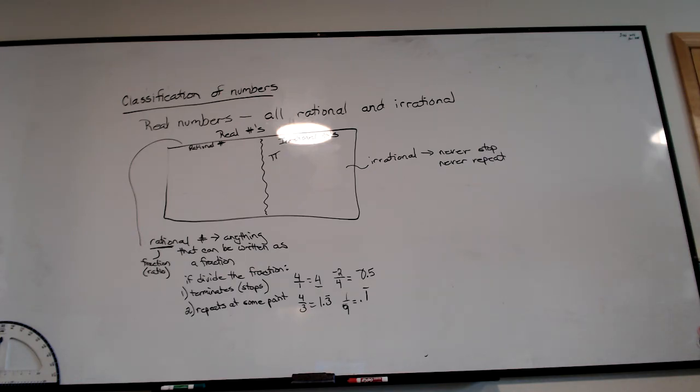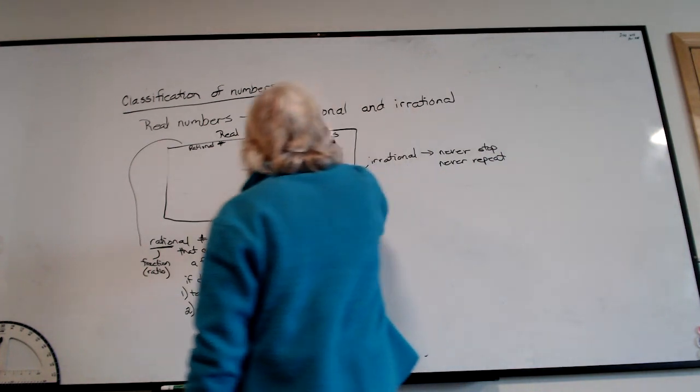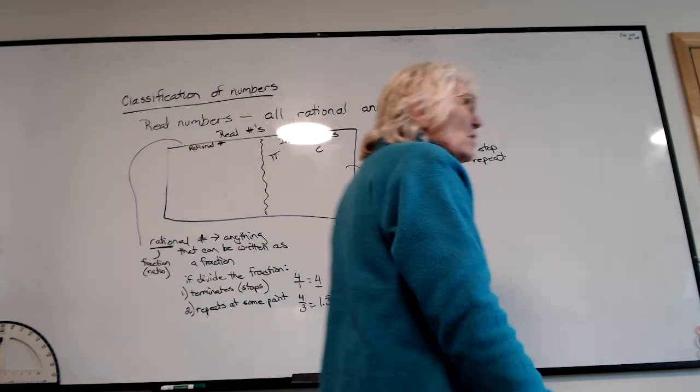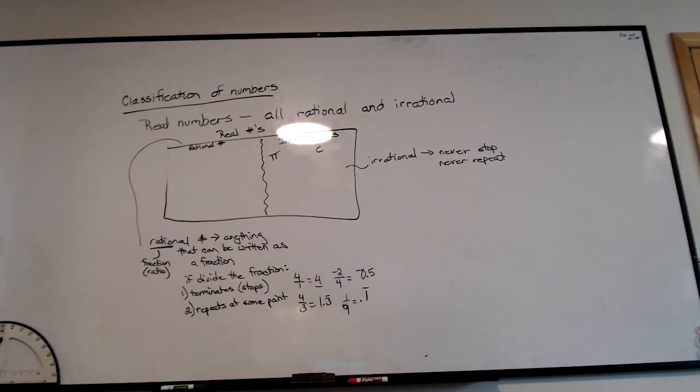That is what pi is. The more accurately we draw, the more we find that it does not ever repeat, and it does not stop. Another example is called e. E is also a number. It's 2.71 something. It's called the natural number. It never stops and it never repeats. Okay.